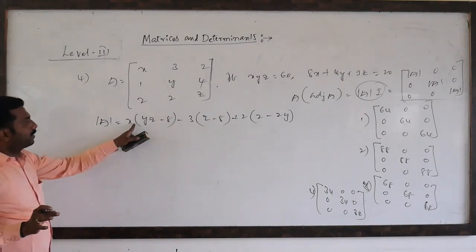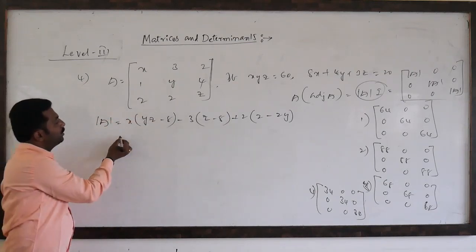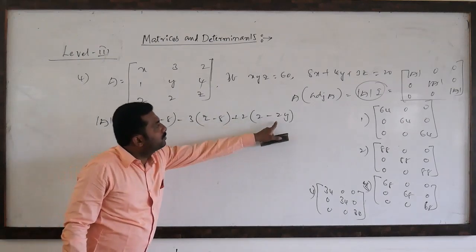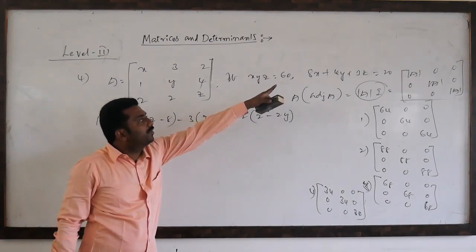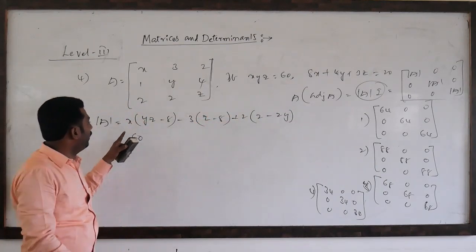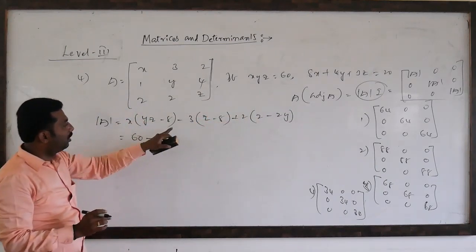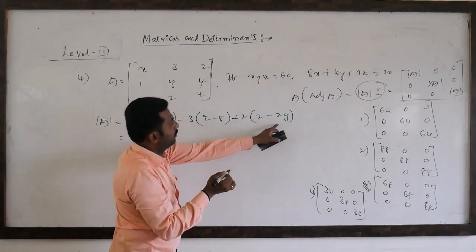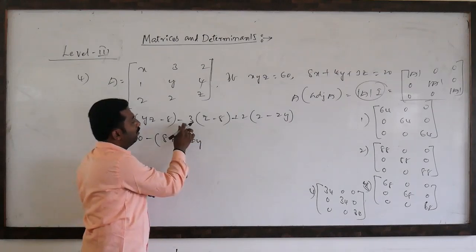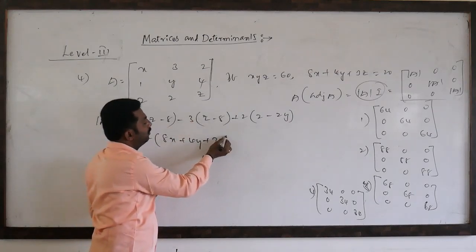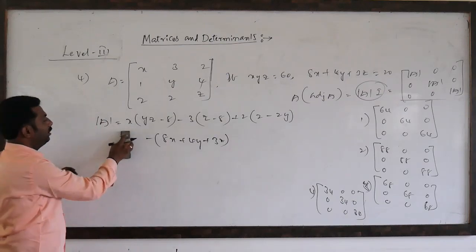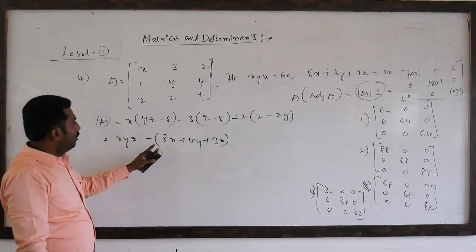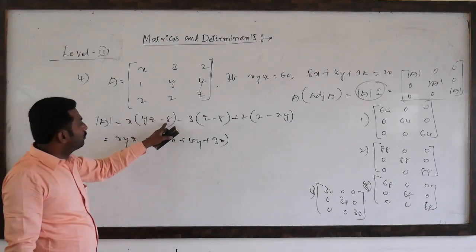You observe x into yz means xyz, how much is it? 16. Minus 8x, minus 4y, minus 3z. If I take minus common: minus (8x plus 4y plus 3z). If you want, this is xyz, you write, no problem. One more step we write. So remaining what we left here, this one gone.